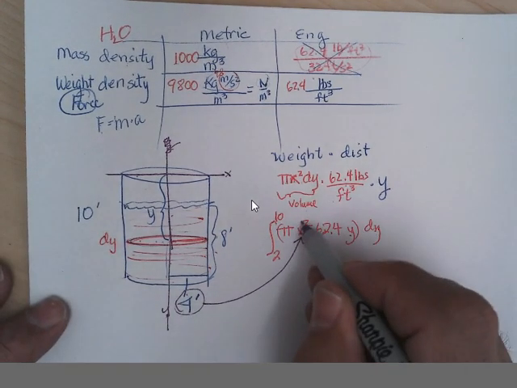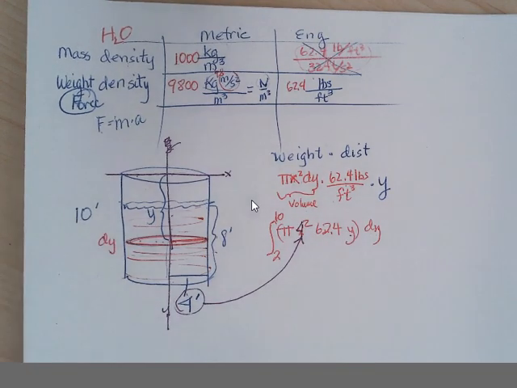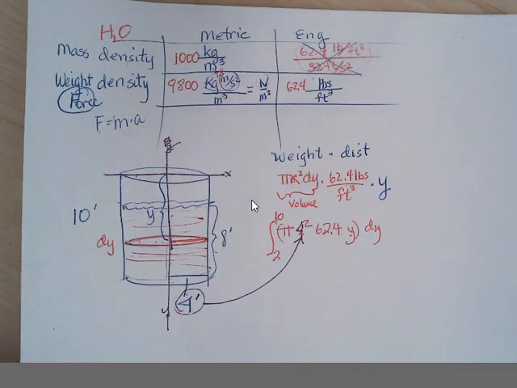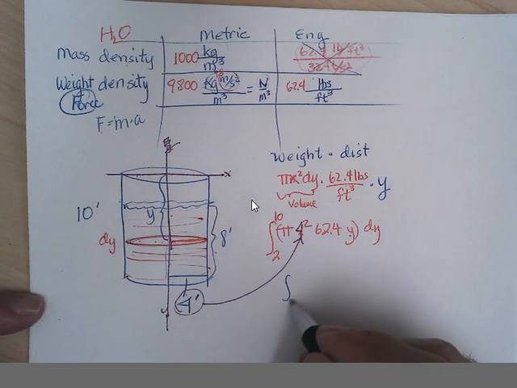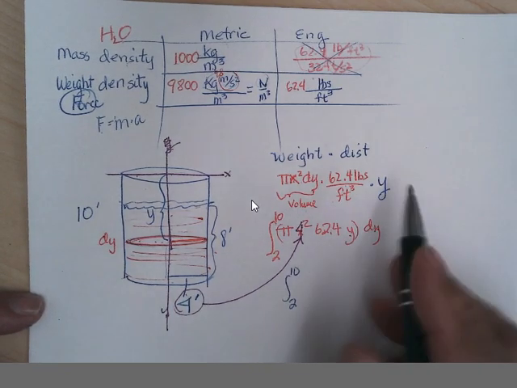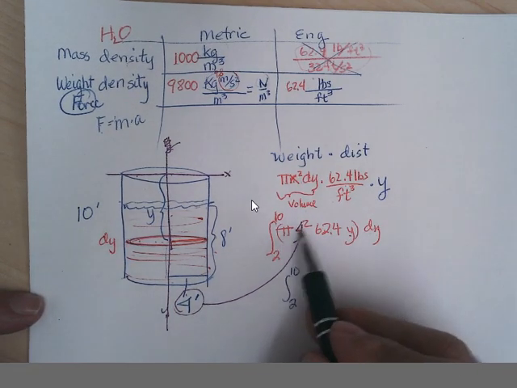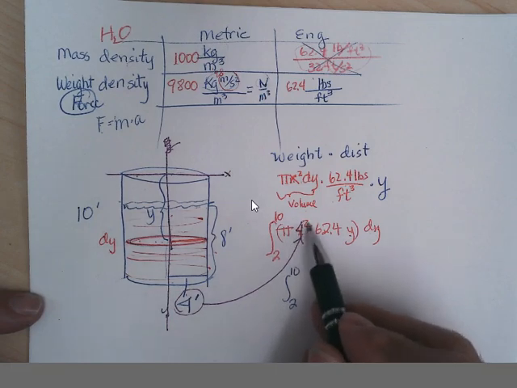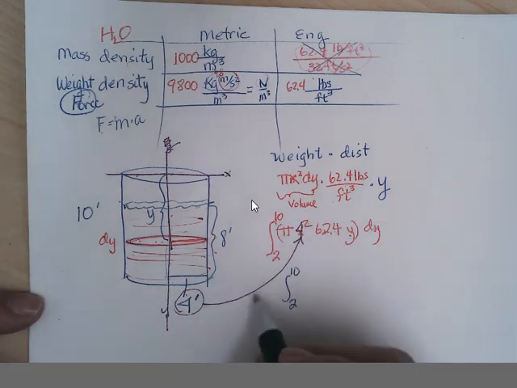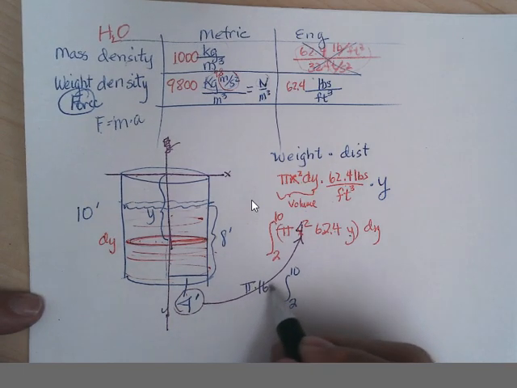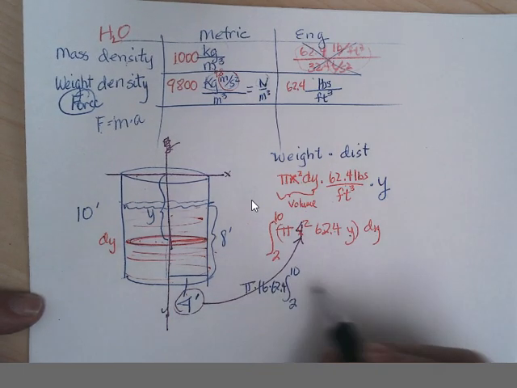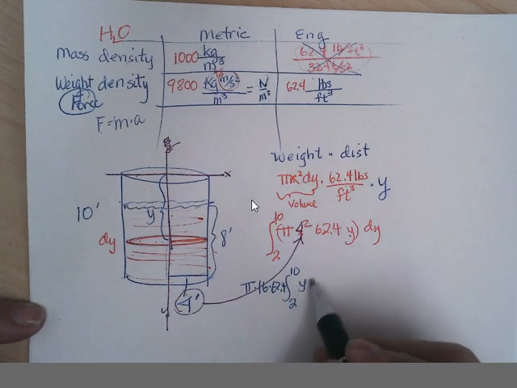I can just put in 4. And if I do that, then this just becomes the integral from 2 to 10 of pi times 4 squared, which is 16, times 62.4, times y dy.